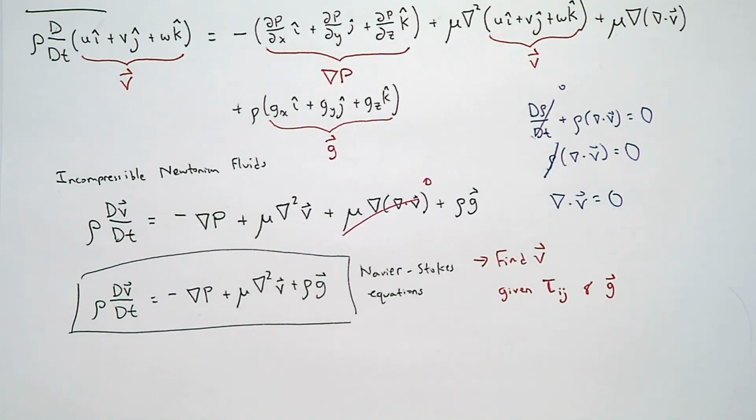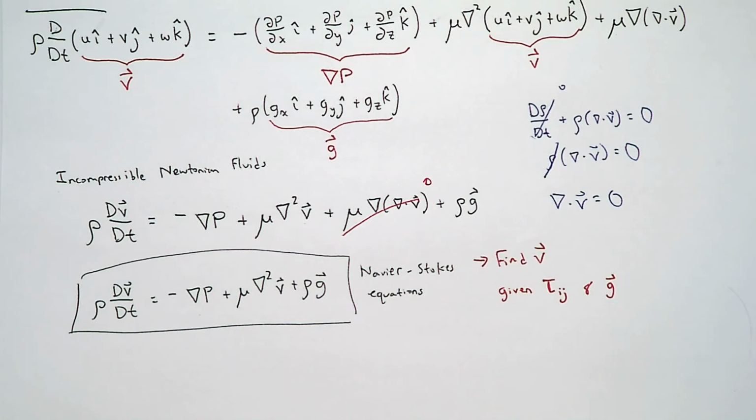Why do you think finding velocity can be hard sometimes in this equation? First off, mathematically, what type of equation is this? We have derivative of velocity with respect to time, second derivative of velocity with respect to space. What type of equation is this? An equation that deals with derivatives. It's a partial differential equation.